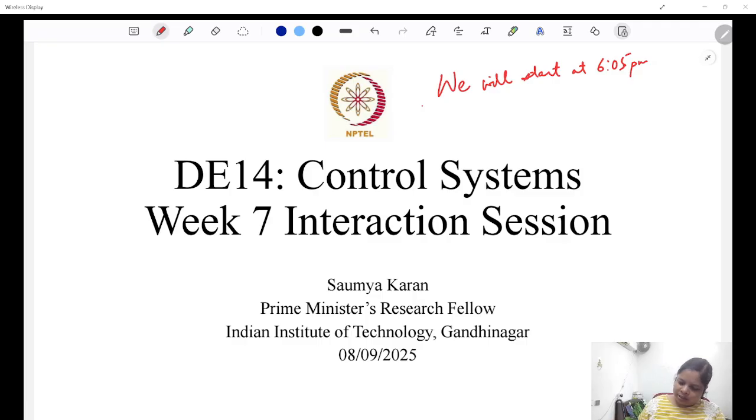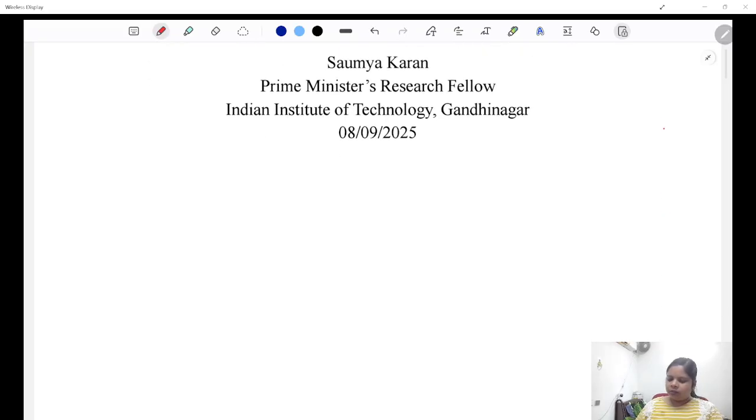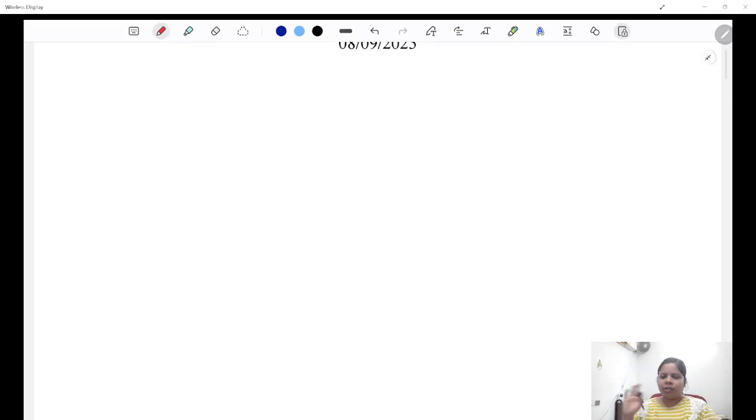So what does root locus do? I think we can go to those questions again just to get a sense of revision, and let's see what root locus is.